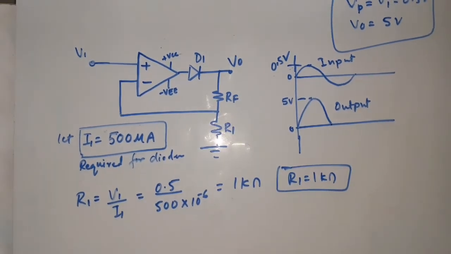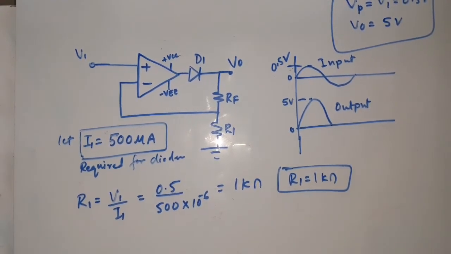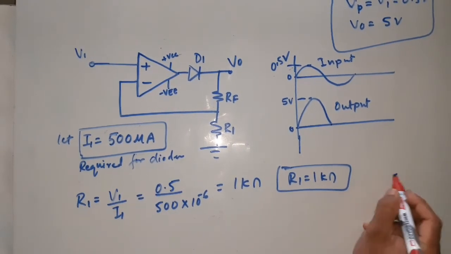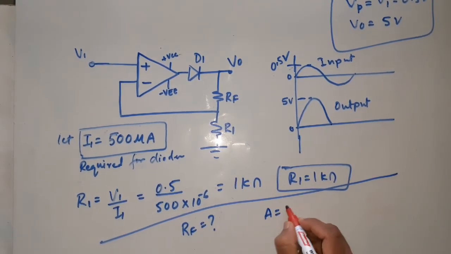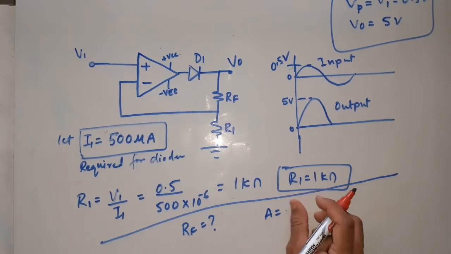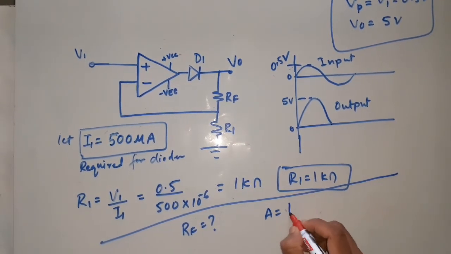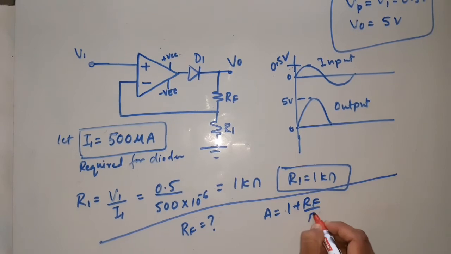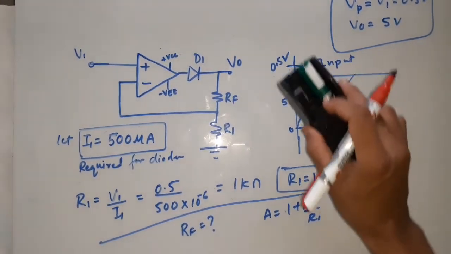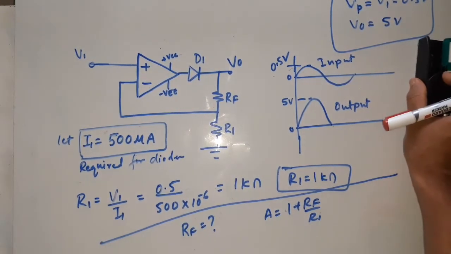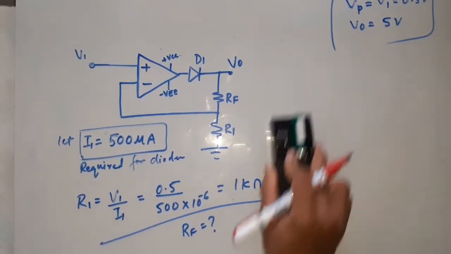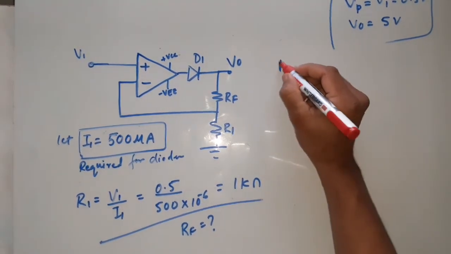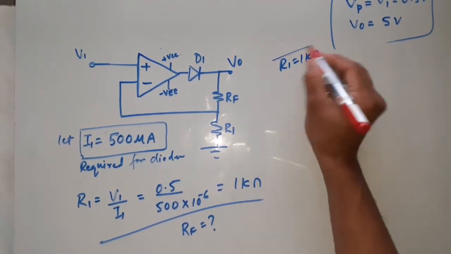Next you need to get RF. We know that this is working in non-inverting mode, so gain is 1 plus RF by R1. We have R1 equal to 1 kilo ohm.